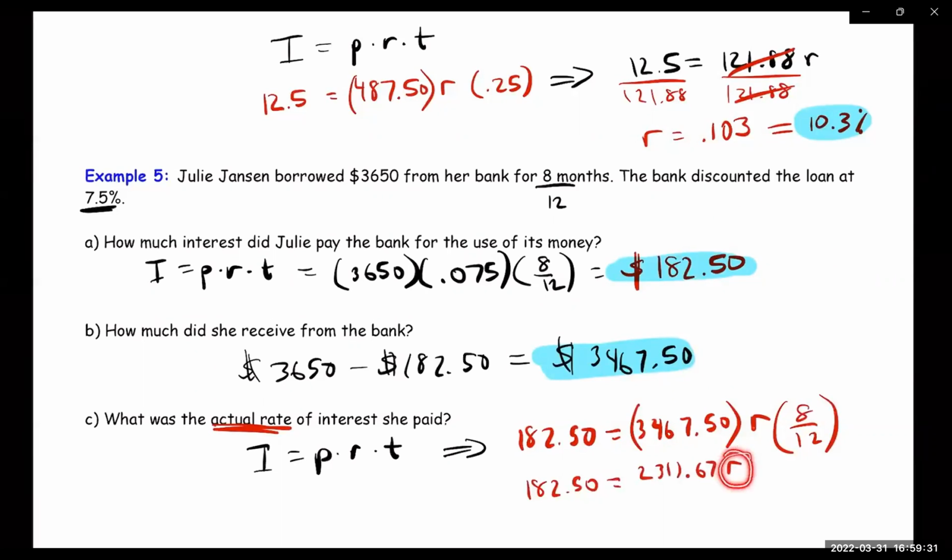And then you have the R. So now you just divide both sides by this number: divide 182.50 by 2311.67, and that's going to do it. R equals whatever you get.